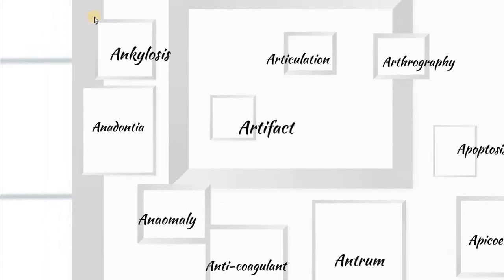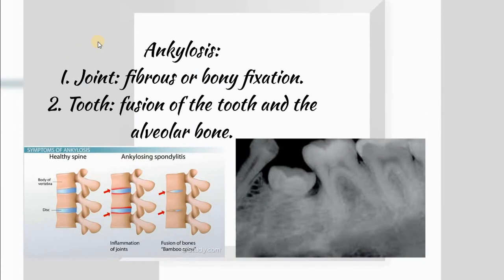The first one is ankylosis. We mean by ankylosis in the joint a fixation of the bone, while there is, for example, a disc collapse like you see here, or inflammation of the discs, and the disc will collapse and the bones will join together, and in this case it will lead to ankylosis of the bones.